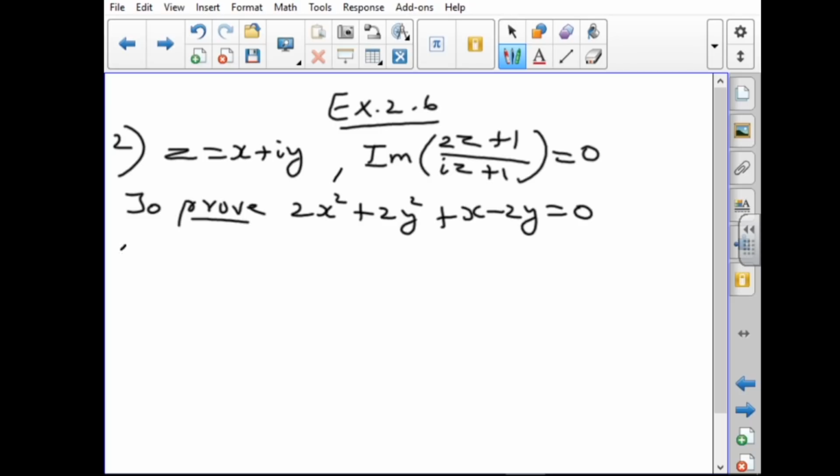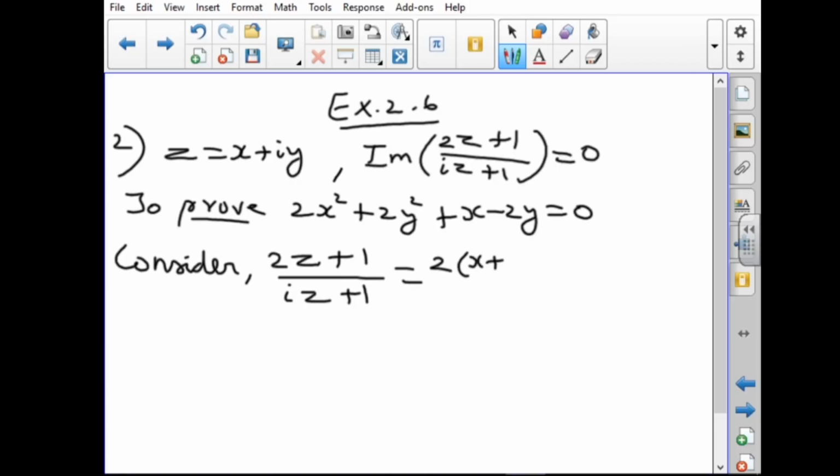So now we will consider (2z plus 1) by (iz plus 1). In place of z, we will substitute x plus iy. So 2 into (x plus iy) plus 1 divided by i into (x plus iy) plus 1.